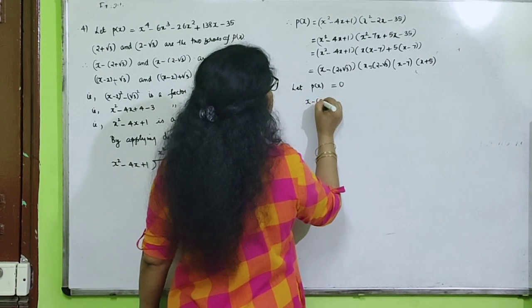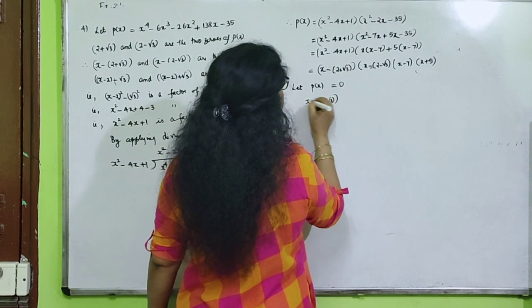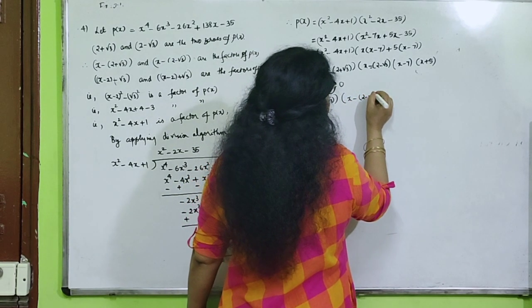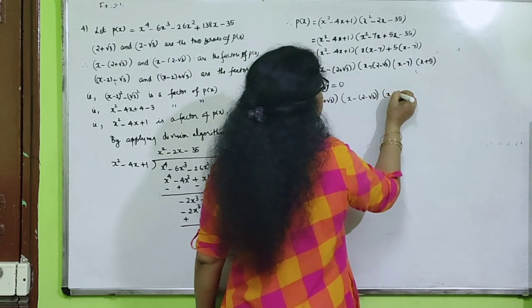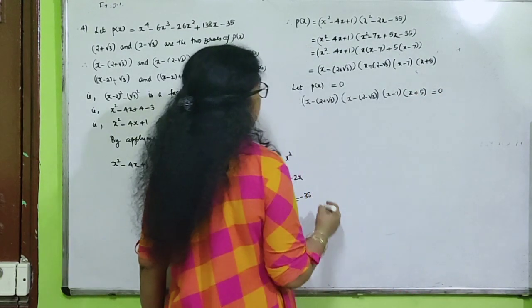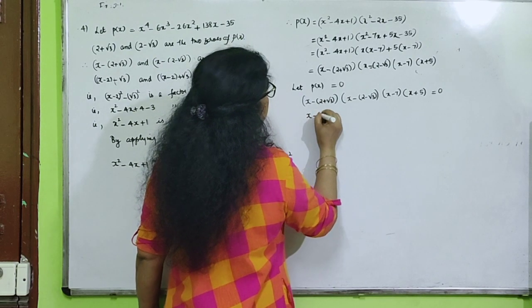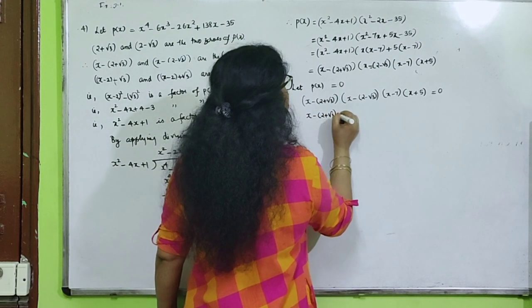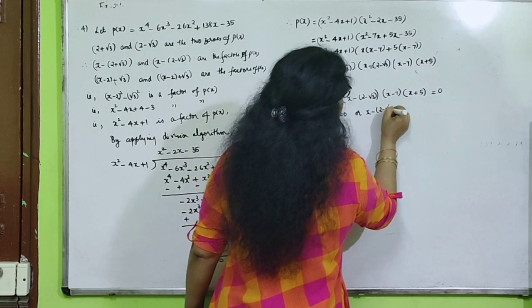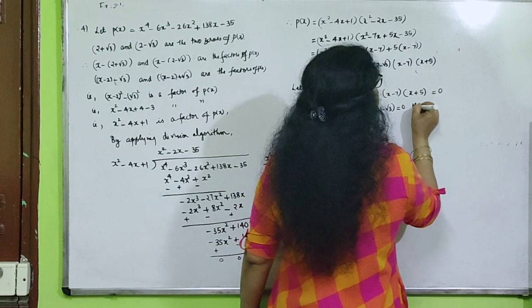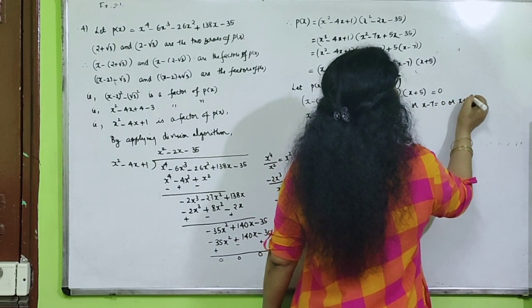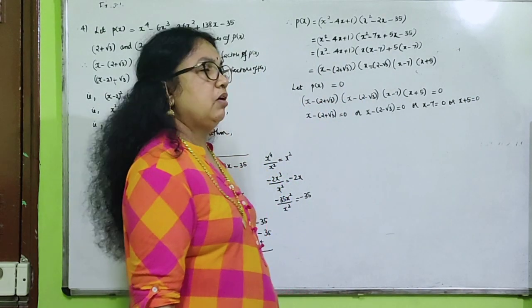So x minus of 2 plus root 3, multiplied by x minus of 2 minus root 3, x minus 7, x plus 5 equal to 0. So x minus of 2 plus root 3 equals 0, or x minus of 2 minus root 3 equals 0, or x minus 7 equals 0, or x plus 5 equals 0. Yes, we are doing the same way.